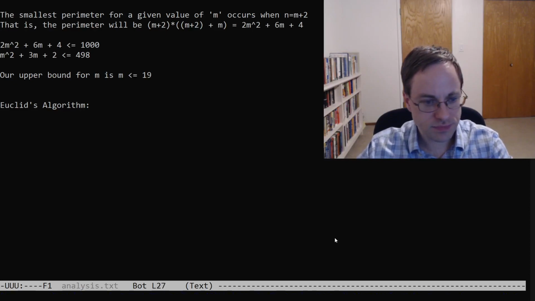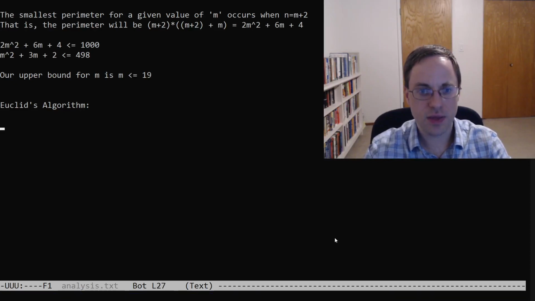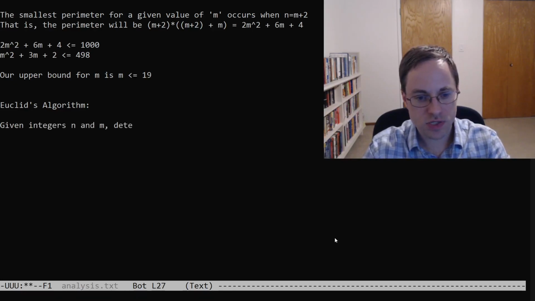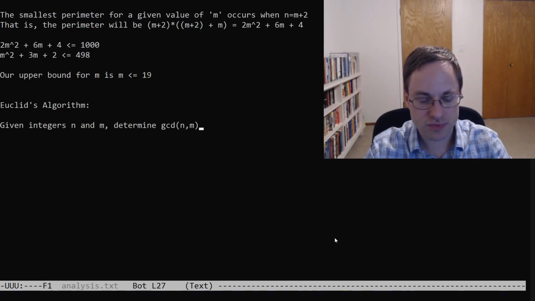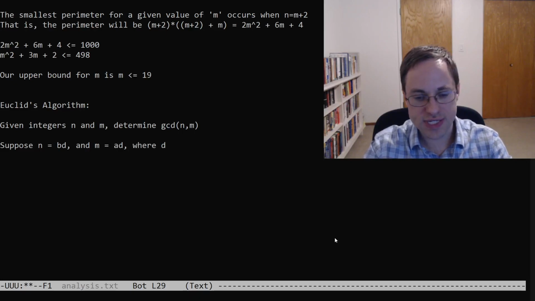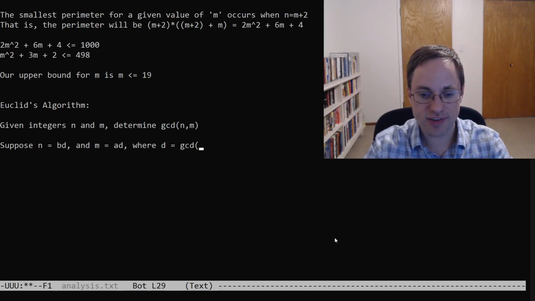Okay, so let's see. Given integers n and m, determine the greatest common divisor of n and m. And we'll say, suppose n is equal to bd and m is equal to ad, where d is equal to the greatest common divisor of n and m.